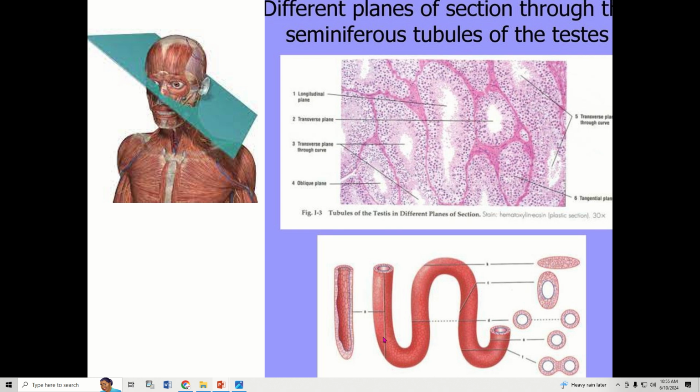It may be cut longitudinally, so it looks like this. It may be cut obliquely, so it looks like this. It may be cut like this, so it looks like this. So it is very important to understand the different planes of the body to understand the sections of histological structure.